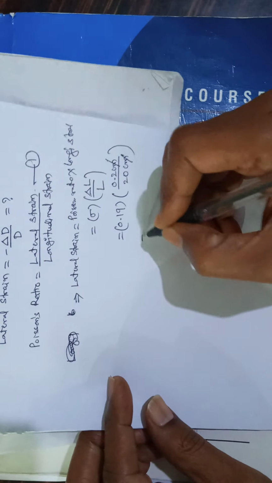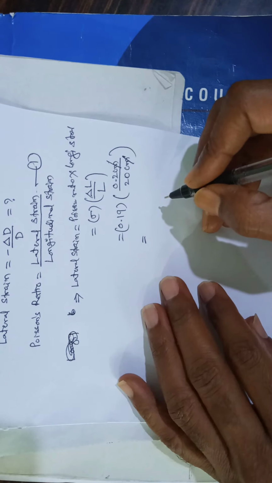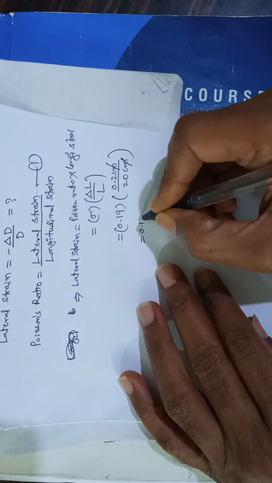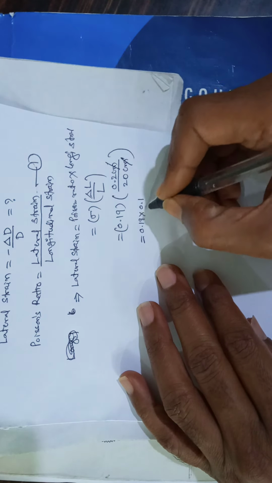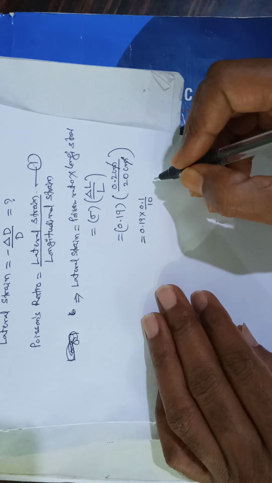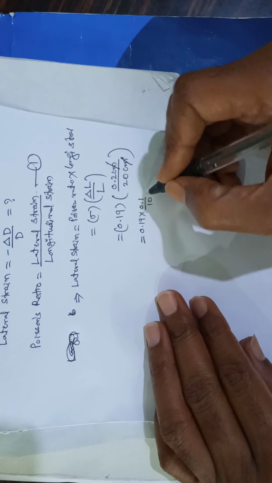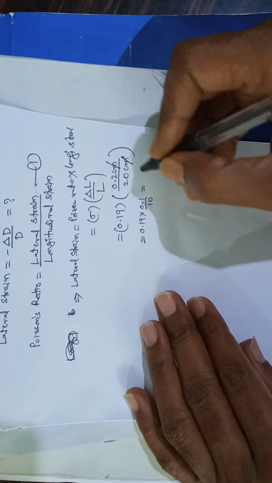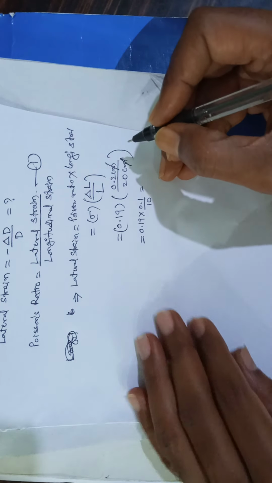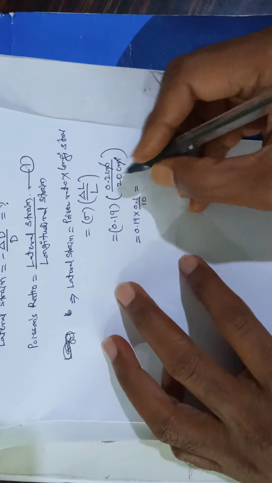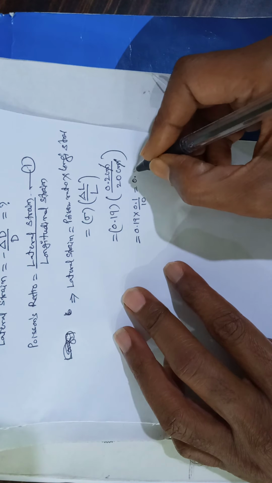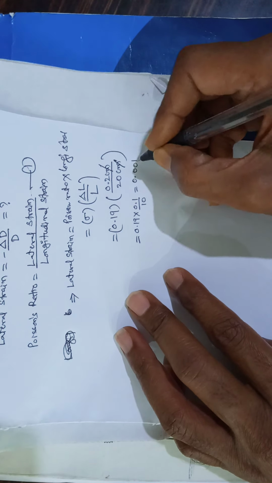So the lateral strain is 0.19 into 0.1 by 10. Therefore, it is equal to 0.019.